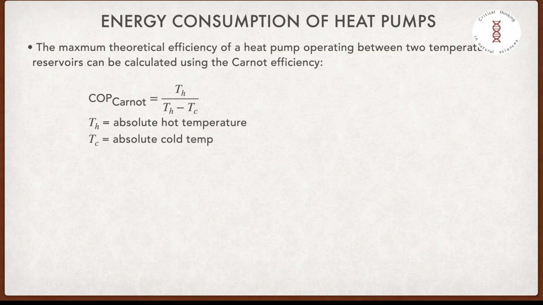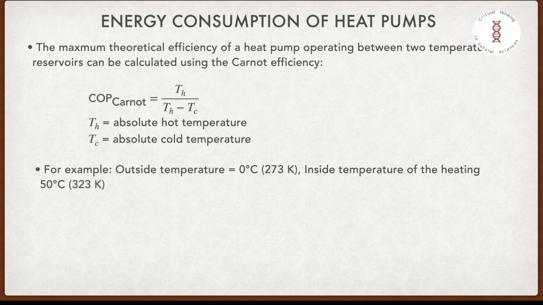The temperatures are taken as the absolute temperatures in Kelvin. For example, the outside temperature in winter is 0 degrees C, which corresponds to 233 Kelvin. The inside temperature of the heating of the boiler is 50 degrees C, which is 323 Kelvin.